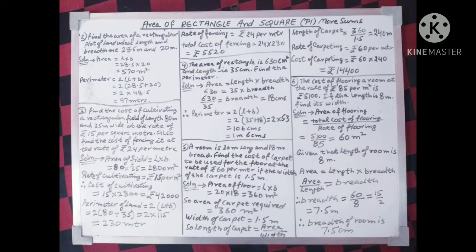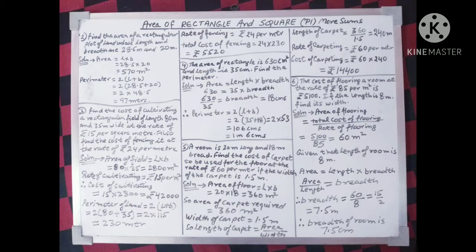So in such questions also we have to find the area inside the field as well as the perimeter, that is the boundary of the field. So we will proceed as follows. Length is equal to 80 meter, breadth is equal to 35 meters.